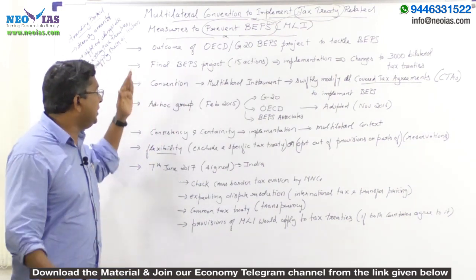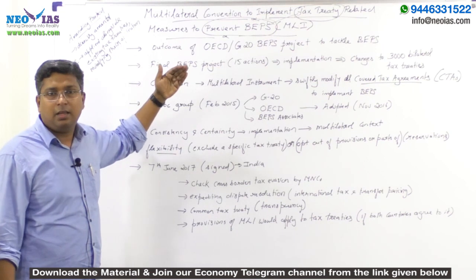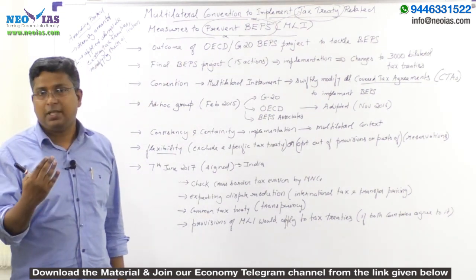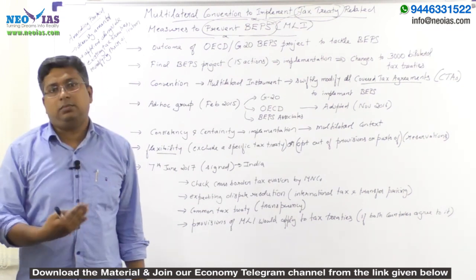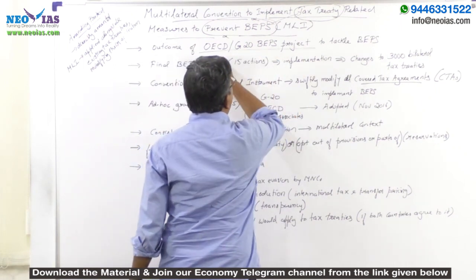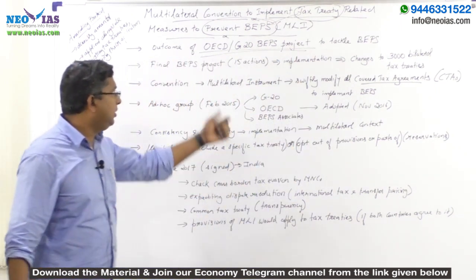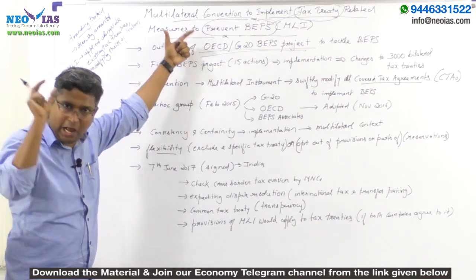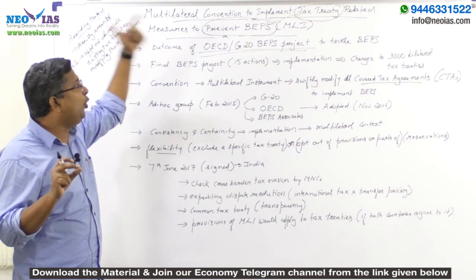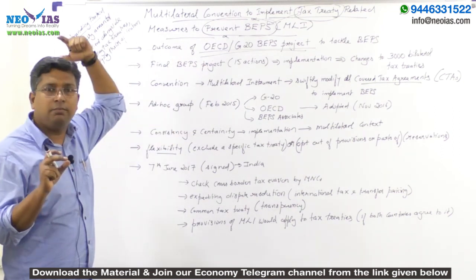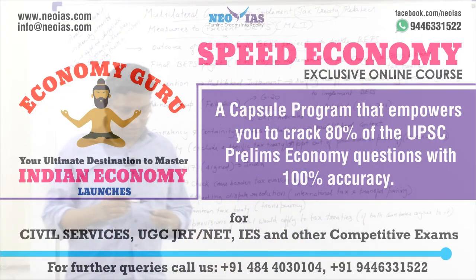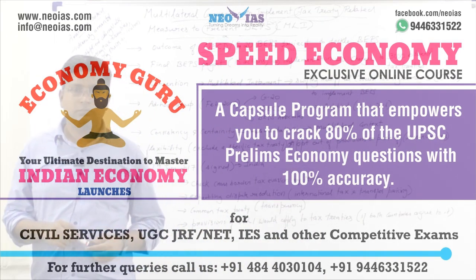And this convention, this is a very important point, is an outcome to implement this OECD G20 BEPS project, to tackle what? Base erosion and profit shifting by multinational companies.